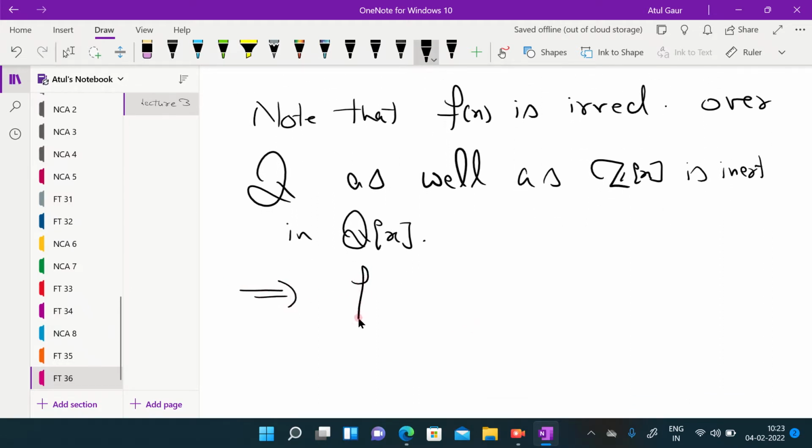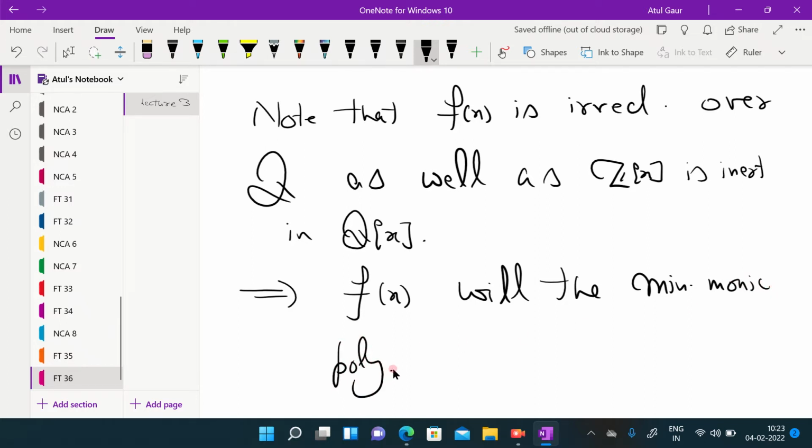This would mean f(x) will be the minimal monic polynomial of τ over Q, the rational field. Monic it already is.